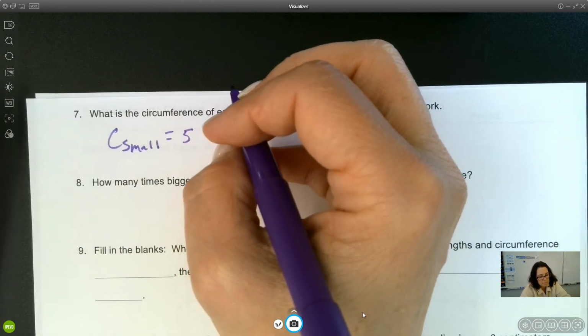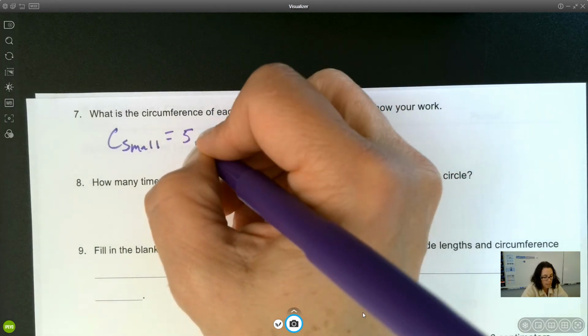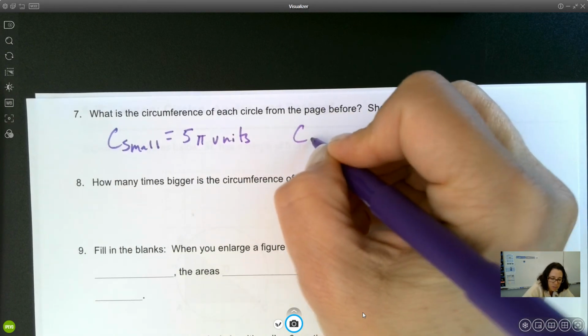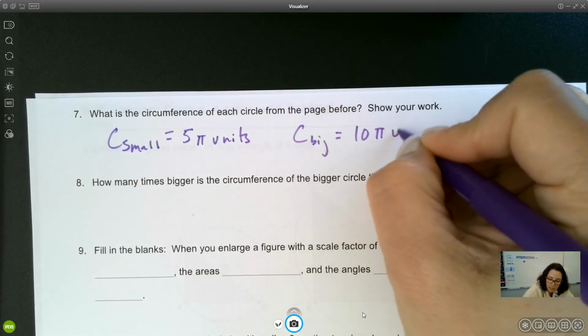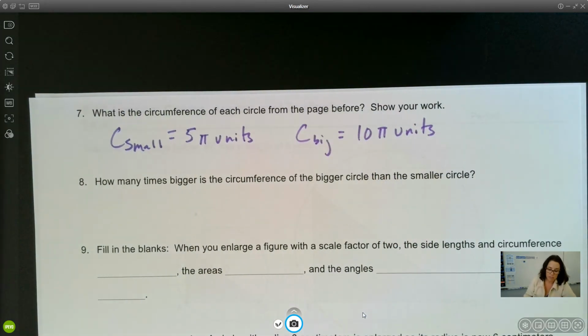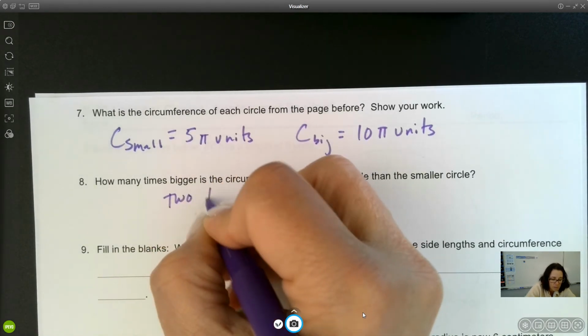Hold on. Was it 5 for d? Yes, 5 for d. So 5 pi units. And then the circumference of the big was 10 pi units. How many times bigger is the circumference of the bigger circle than the smaller circle? 2 times bigger.